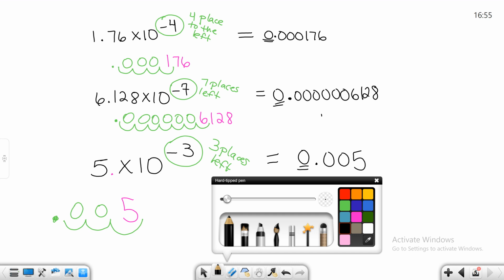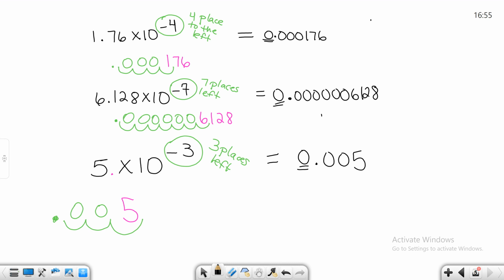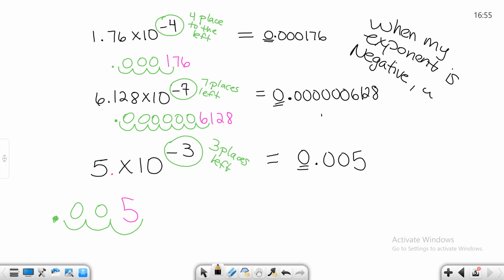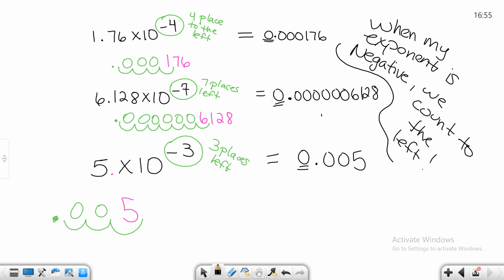And I'm going to go ahead and write that note in there that when my exponent is negative, we count to the left.